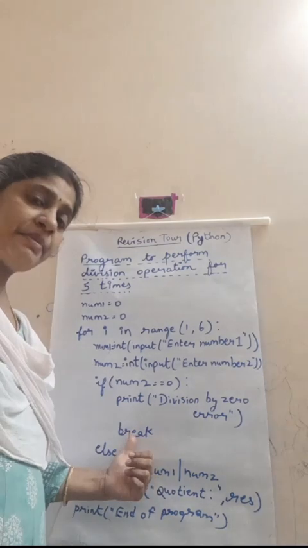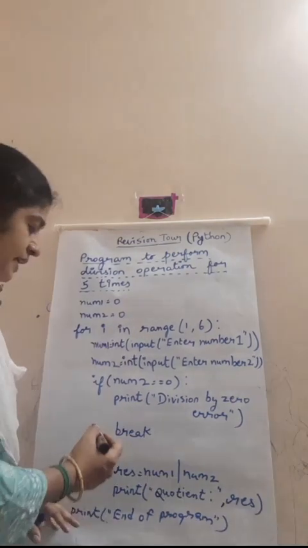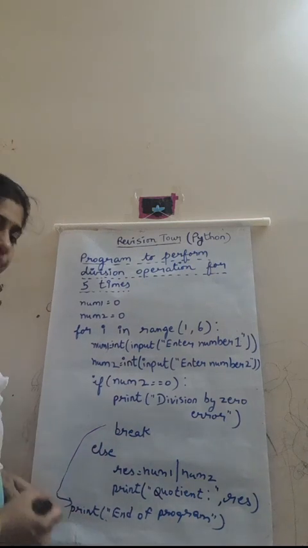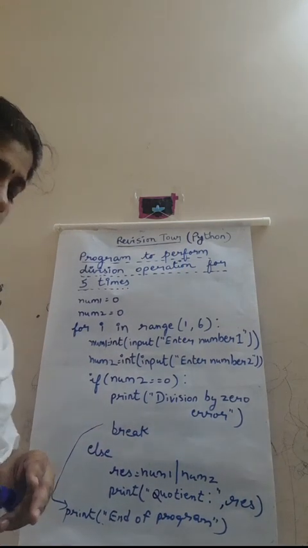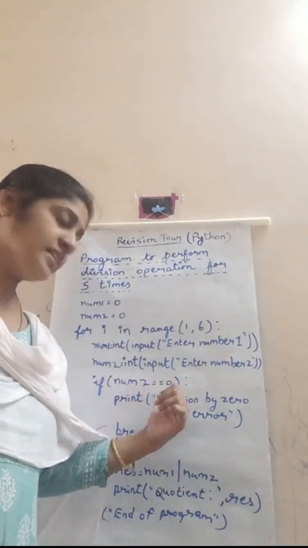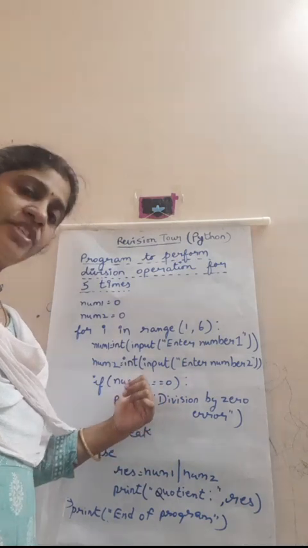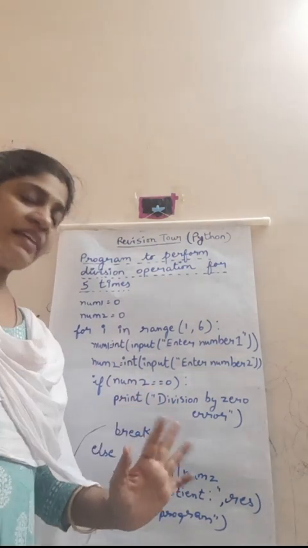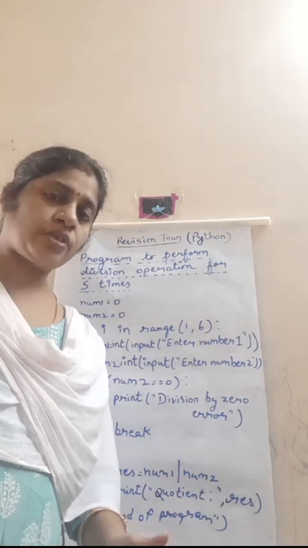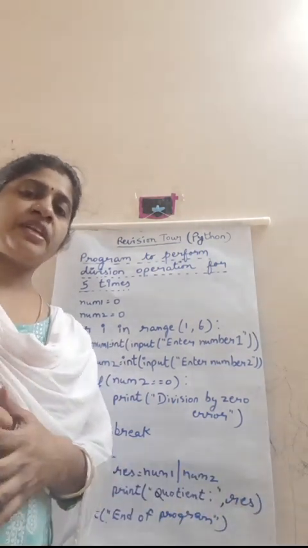That means from here the control will jump to the statement following the for loop. If number 2 is 0, then this condition will become true. Else it will perform the division operation and display the quotient.